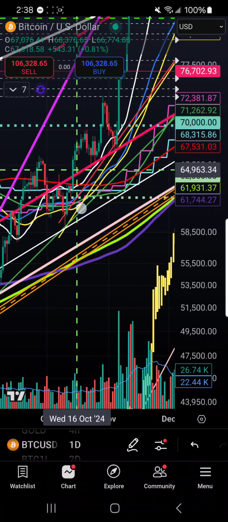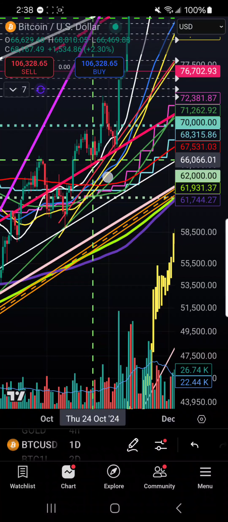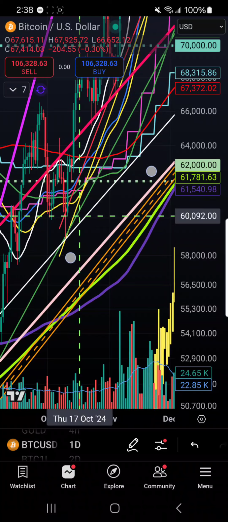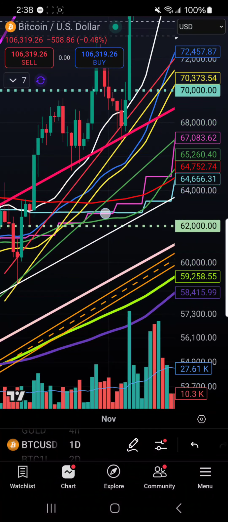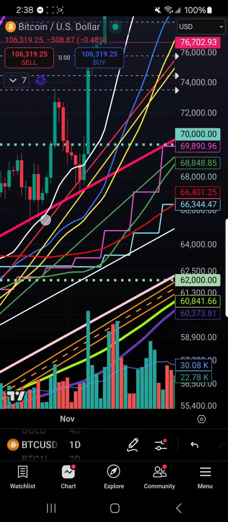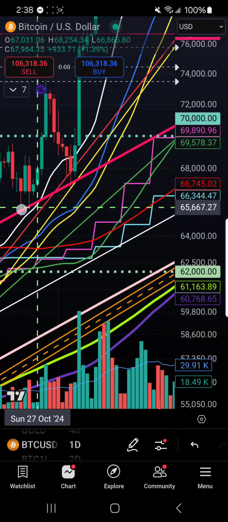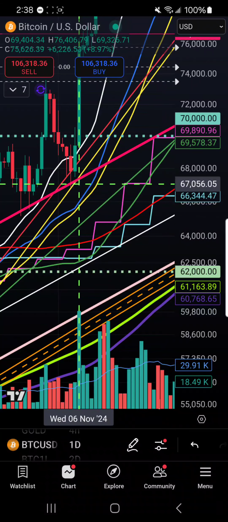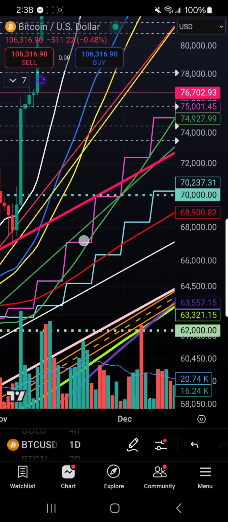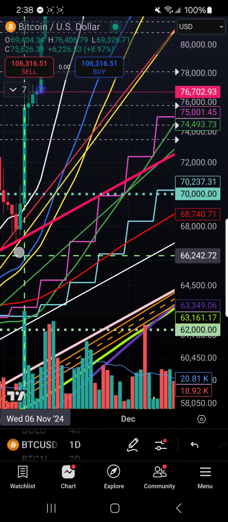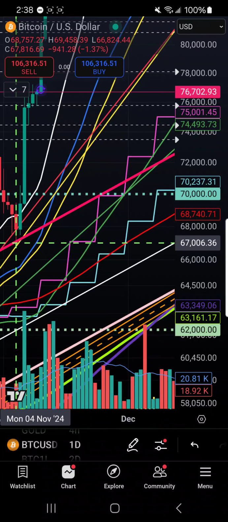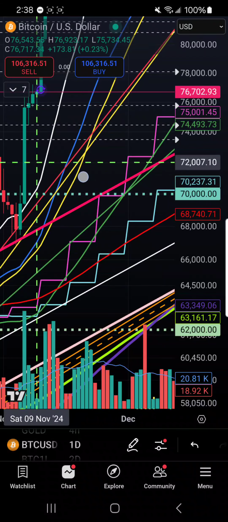Then we reclaimed it, and once we reclaimed it, you can see here that the red line acted as support once again. We tested it here as support and here as support, and then took off. That was election day. We tested it as support and then rallied.